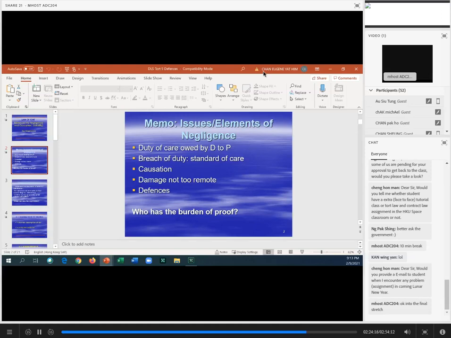And then, of course, that's not the end of it. Remember, we have an adversarial system, plaintiff v. defendant. V stands for versus. So it's somebody against somebody else, and the defendant can raise defenses. So who has the burden of proof? Well, the plaintiff has the burden of proving all of the elements of negligence.